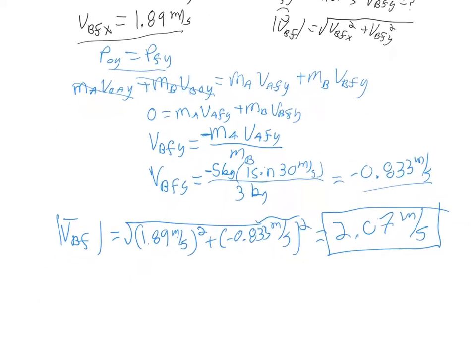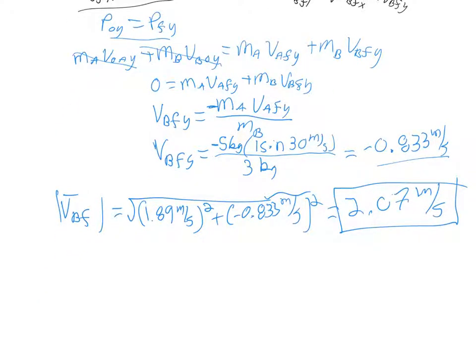And then lastly, to find our angle, all right, we know that our angle beta is just going to be equal to the inverse tangent of the magnitude of VBY over VBX. So the magnitude of the Y component is just 0.833 meters per second, and the magnitude of the X component is just 1.89.